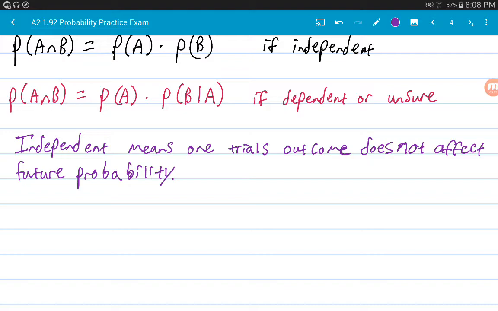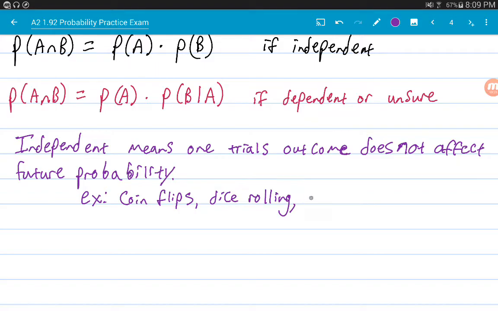A good example of independence is coin flips. It doesn't matter how many times I flip the coin, the probability of every coin flip after that is still going to be 1/2. Dice rolling, that's another example.